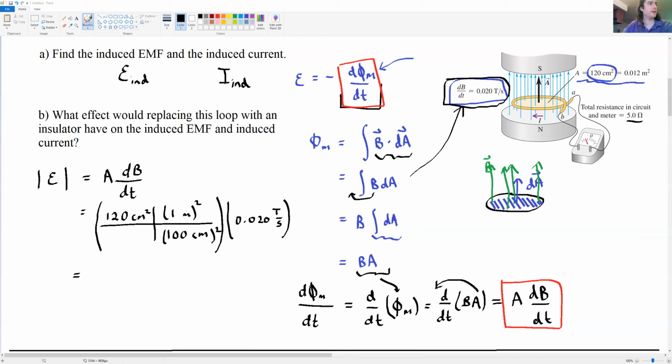We don't want to make a calculator error. And then times 0.02. Okay, so I get 2.4 times 10 to the minus 4 volts.